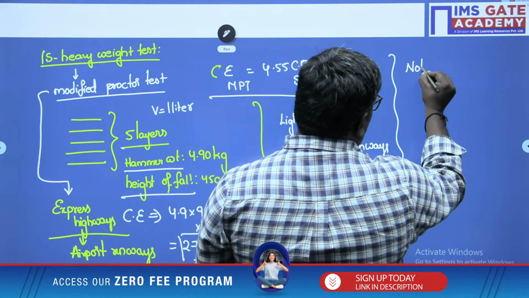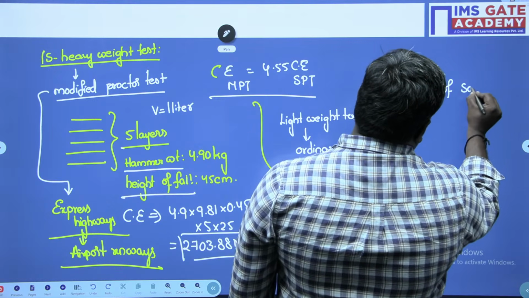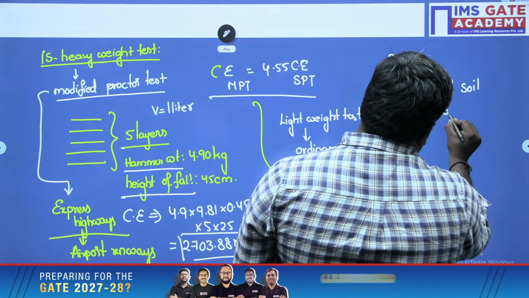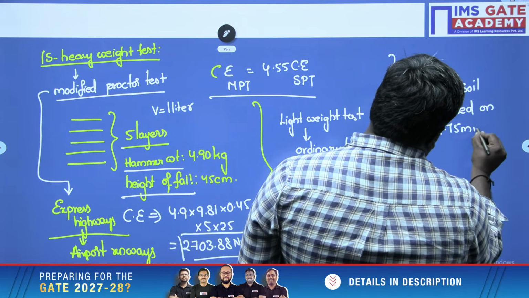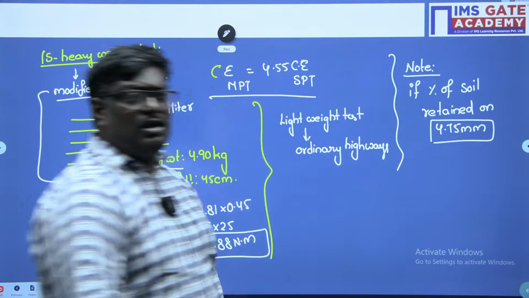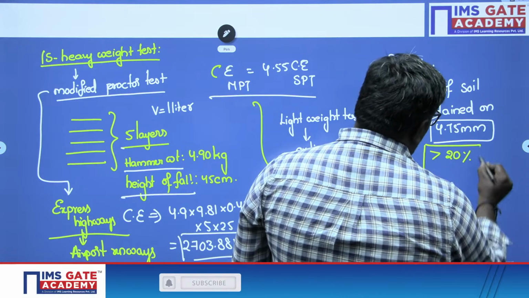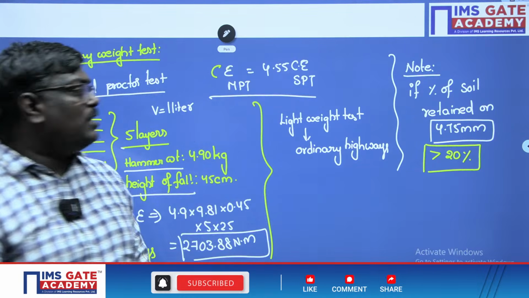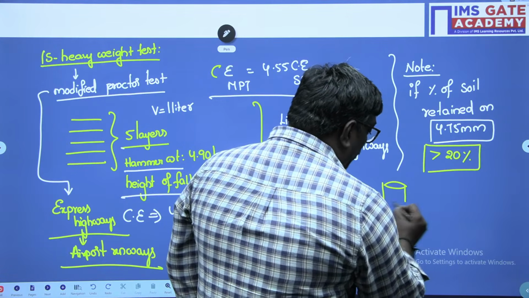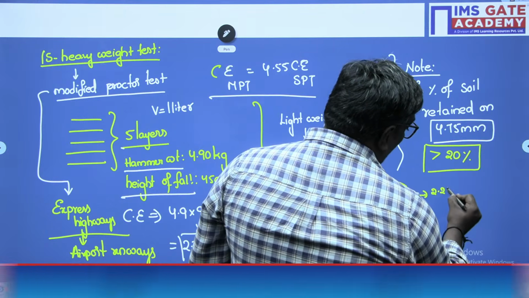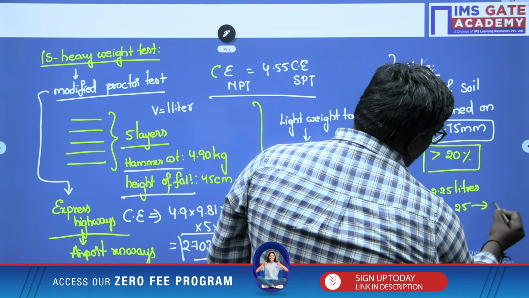The note here is: if the percentage of soil retained on 4.75 mm is more than 20%, then the practical application you should remember is that the mold volume should be increased to 2.25 liters and the number of blows will be increased from 25 to 56.